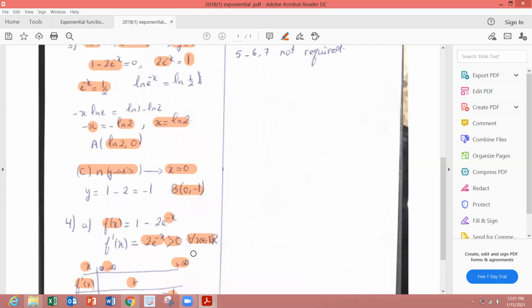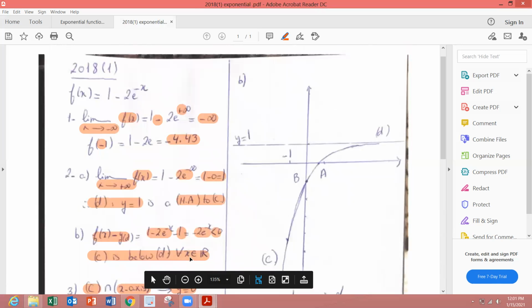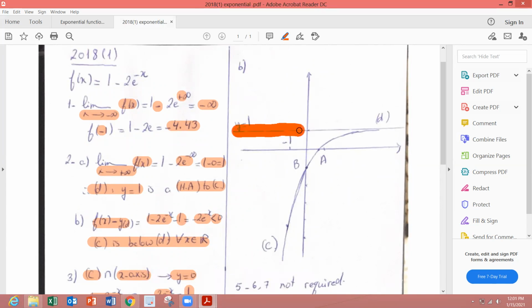Part B, drawing the curve. Drawing the curve consists of drawing the horizontal asymptote y equals 1. Here we have 3 particular points.